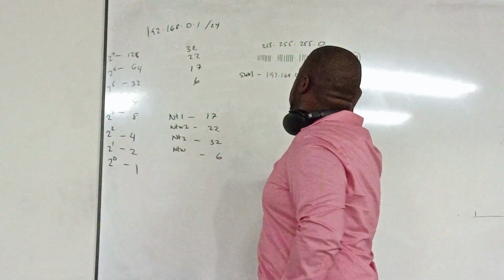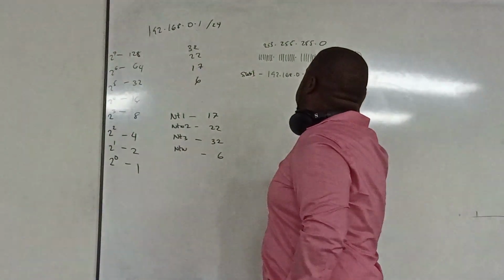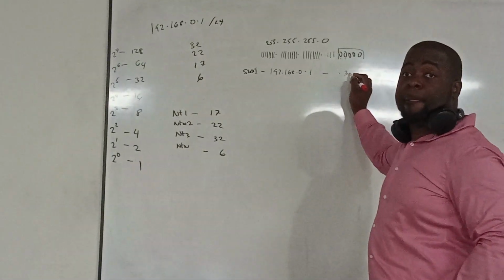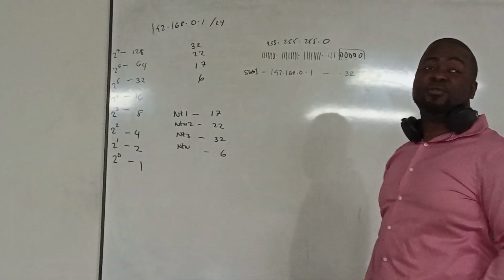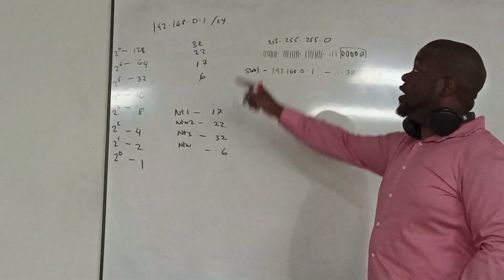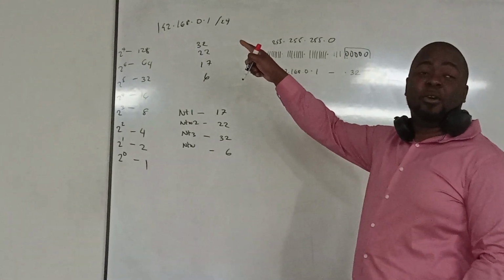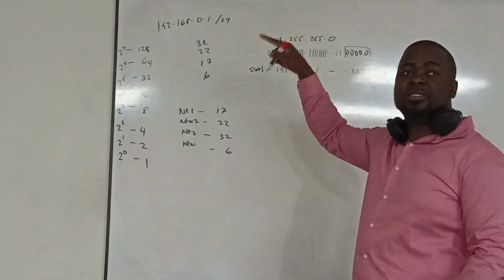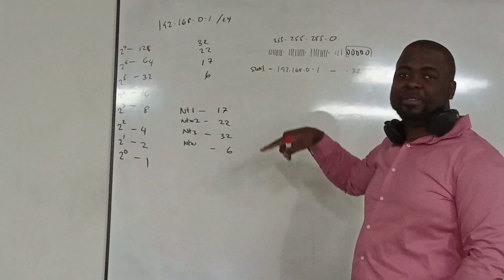192.168.0.1 to what? .32. I tried to confuse you a little bit by changing that to 1 instead of 0. The previous one we did was 0.0, but this is 0.1.